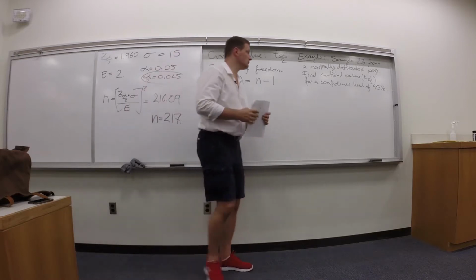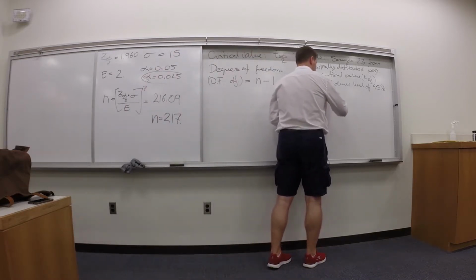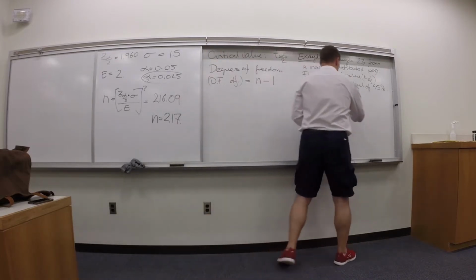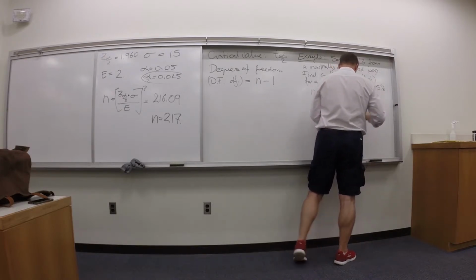All right, so let's take a look at it. Well, n is 23, so our degrees of freedom are 22.